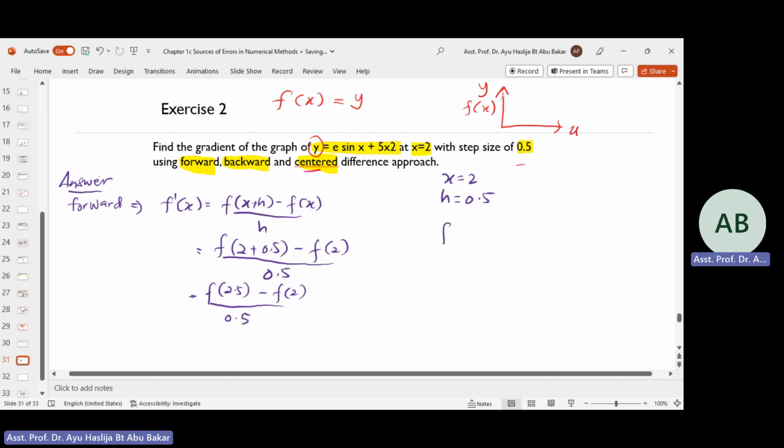So f(2.5), using the equation over here, y equals e to the power sine x. So e exponent sine 2.5 plus 5 times 2.5 power 2. You try first.